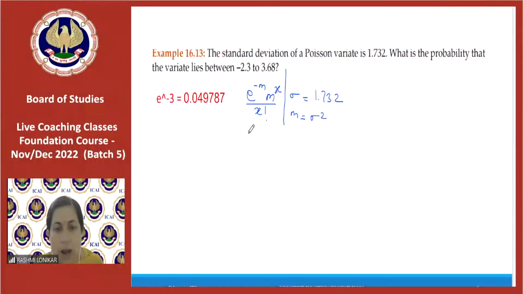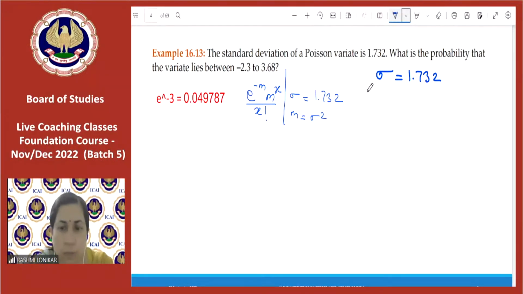Before we go forward, I would like to do this sum, which I forgot last time. I find that this is interesting and this will clear more of your doubts. The standard deviation of a Poisson variate is 1.732. So they have already given you that sigma is equal to 1.732.